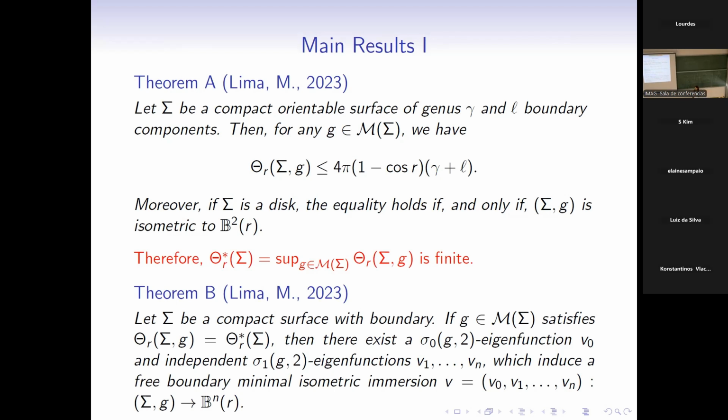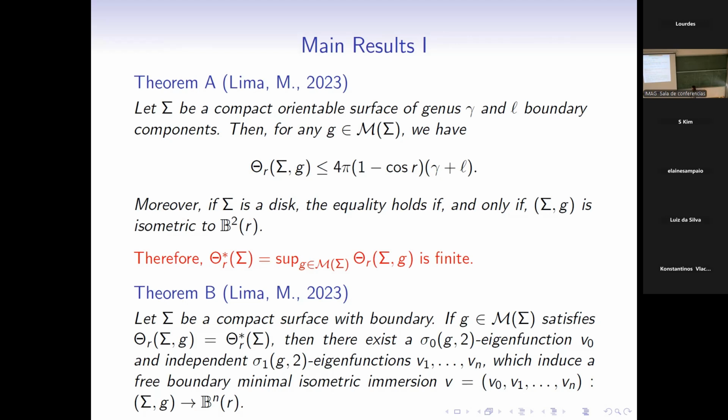And by first eigenfunctions, we mean the first coordinate is a sigma naught eigenfunction, and the others are sigma 1 eigenfunctions. Okay? And if you restrict yourself to a conformal class, you can prove a similar result. If you have a maximizing metric in the conformal class, you get a similar result, but only a harmonic map, not minimal.